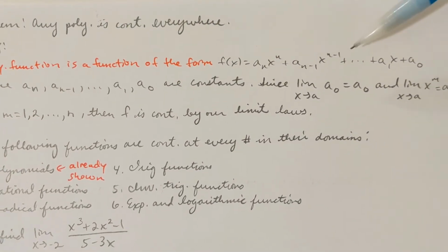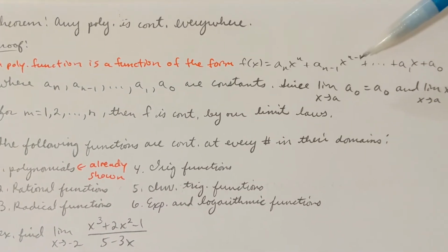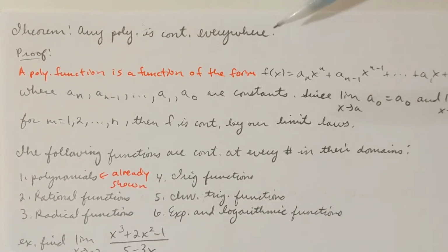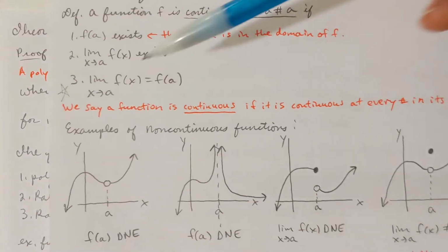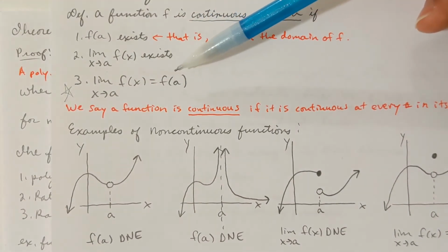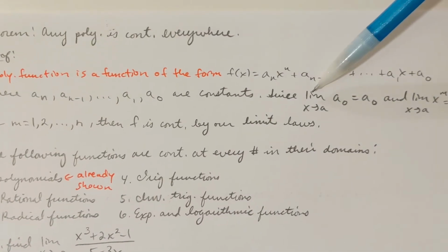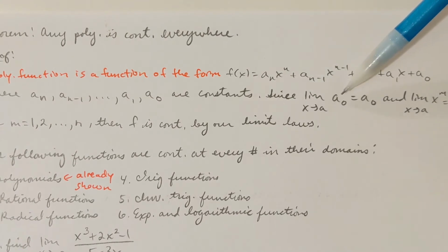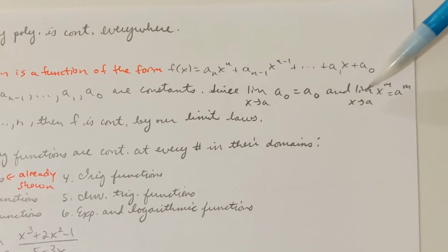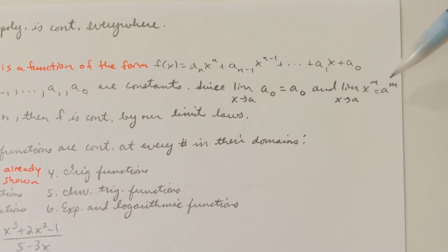Okay? And now I want to show that any polynomial is continuous. Okay, so what does it mean to be continuous? It means that, again, this starred statement has to happen, right? So I need to show that the limit as x approaches a of f of x is the same as f of a. Well, the limit as x approaches a of a sub 0 is a sub 0. Limit of a constant is always a constant. The limit as x approaches a of x to the m would be a to the m, right?